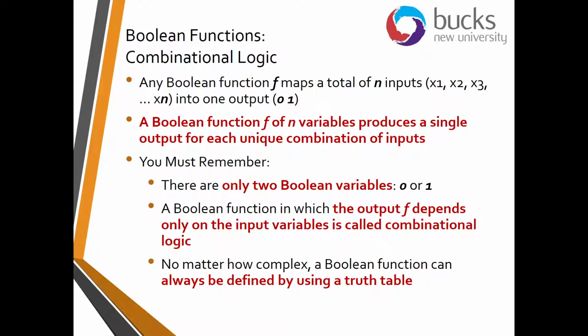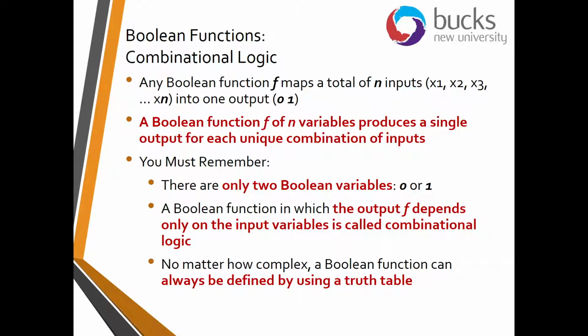So, combinational logic then. Any Boolean function, which we call f as an output, maps a total of n inputs, so we're using n as a variable. It could be x1, x2, x3, up to xn in terms of inputs, into one output. Okay, so one output only.